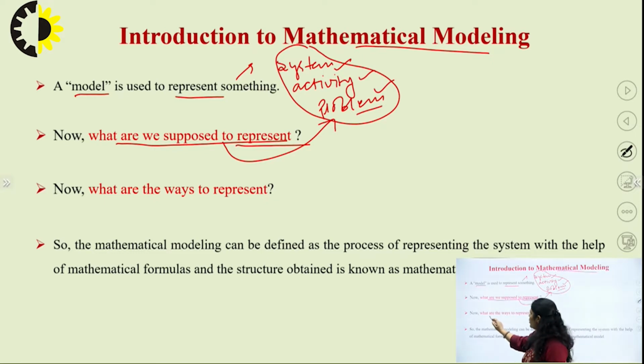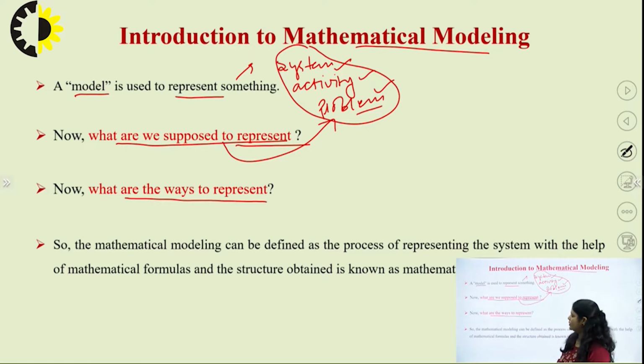Next, what are the ways to represent? There are different ways to represent something. We can draw it, we can explain things with the help of drawings, or with verbal arguments, a physical structure, or mathematical formulas.